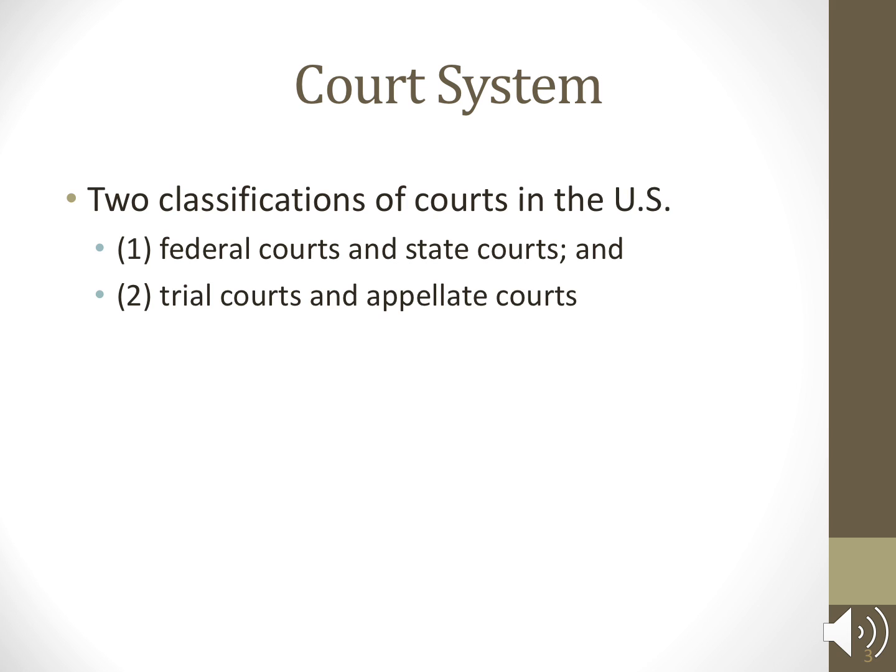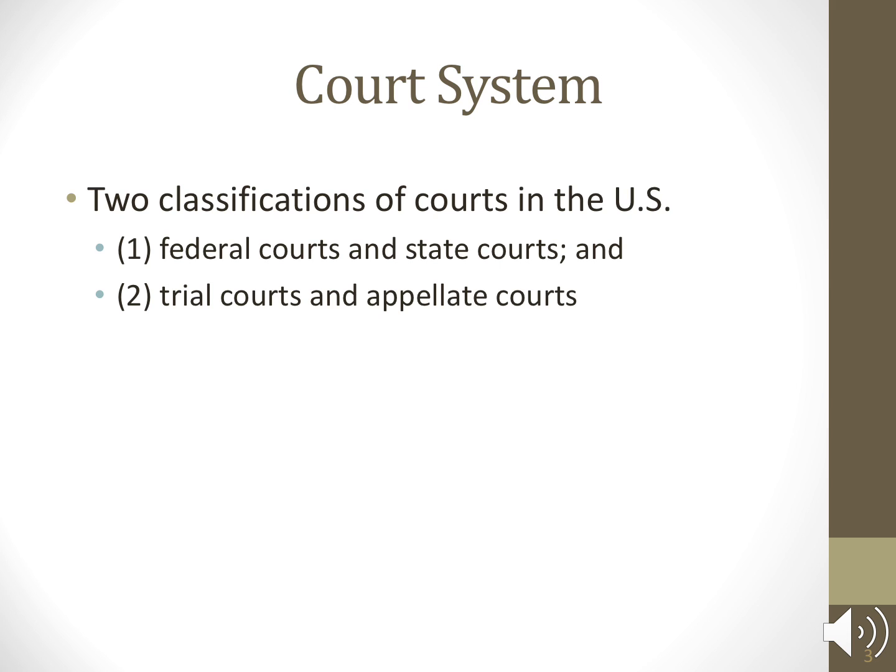And also recall in our discussion of constitutional law that the federal government has power over federal issues and state governments have power over state issues. And so federal courts are going to govern federal issues and state courts are going to govern state issues. We're going to spend more time on this in the next coming chapters.